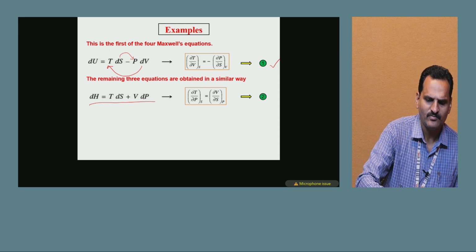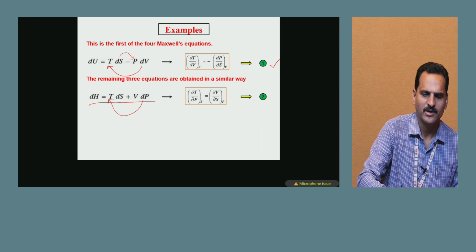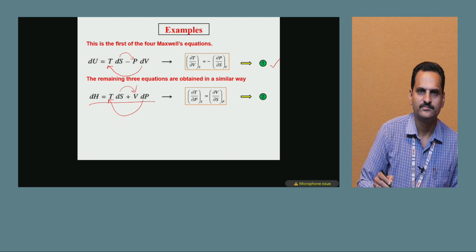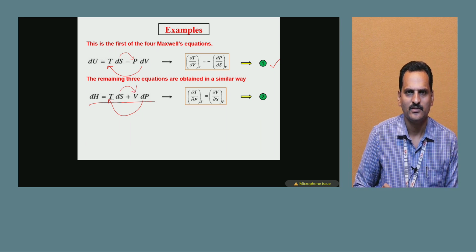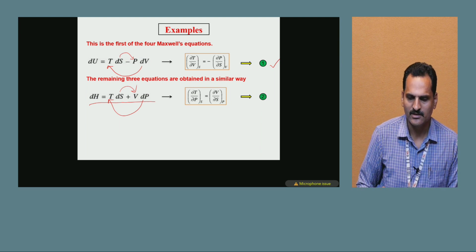Similarly, ∂T/∂P is equal to ∂V/∂S, applied at constant entropy S and constant pressure P, with the remaining variables applied here. This is called the second Maxwell equation.